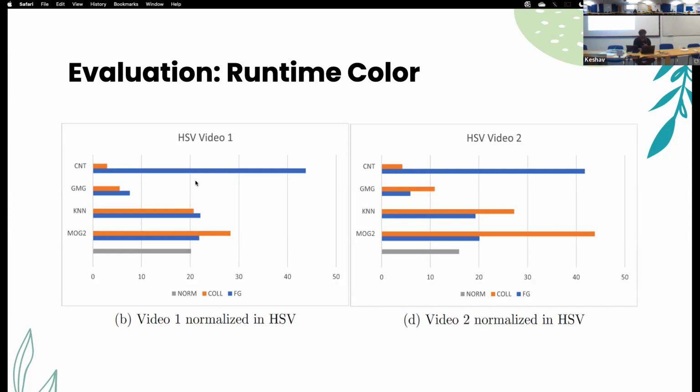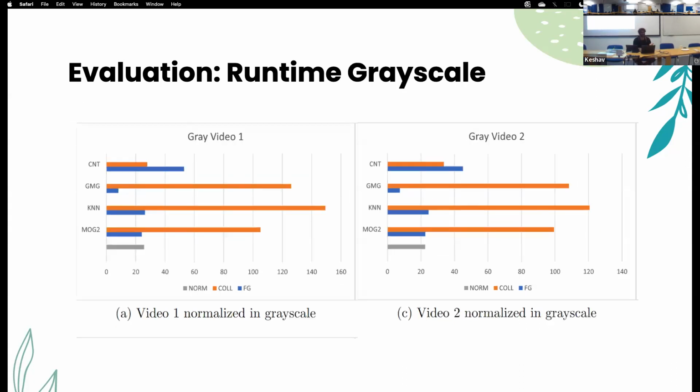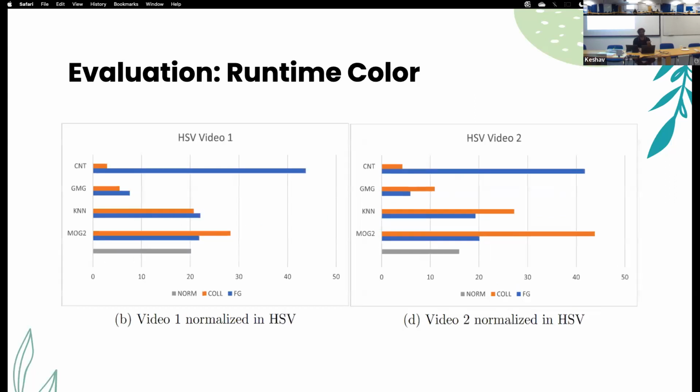What you can quite clearly see here is that while normalization and the background subtraction steps remain relatively consistent between both the gray videos and the color videos, the actual number of collisions, or the actual application of the heuristic, is much, much slower.